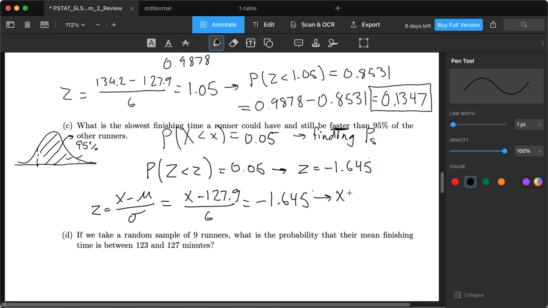So x is equal to negative 1.645 times 6 plus 127.9. 6 times 1.645 and then plus 127.9 is equal to 118.03 minutes.